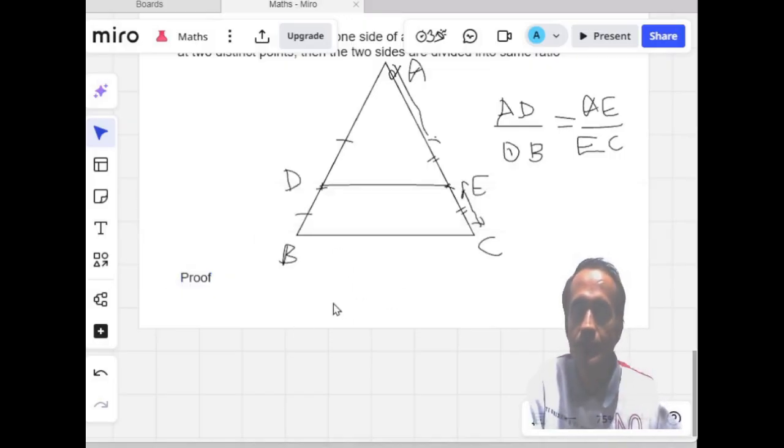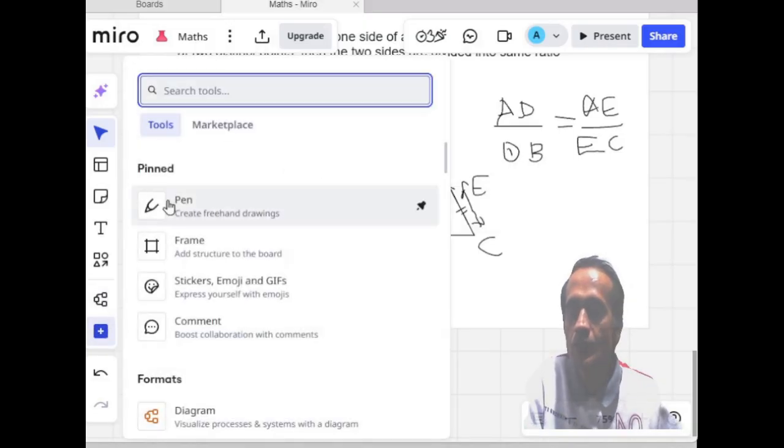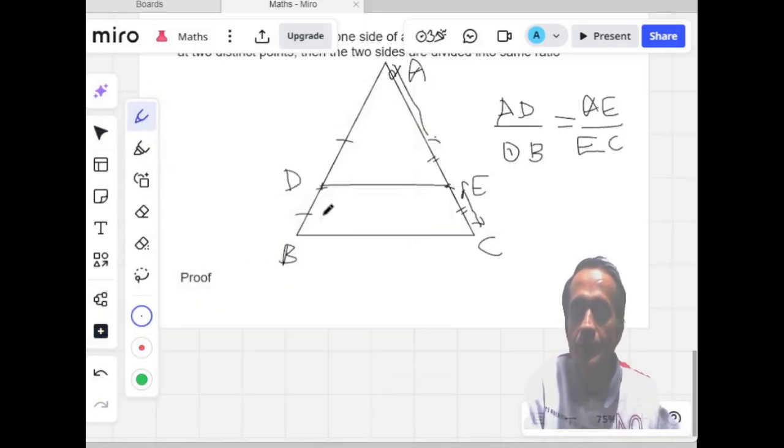whether what the theorem states is correct or not. So what we will do is join D and C and B and E, and we'll draw perpendiculars.